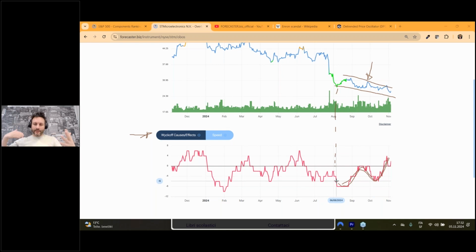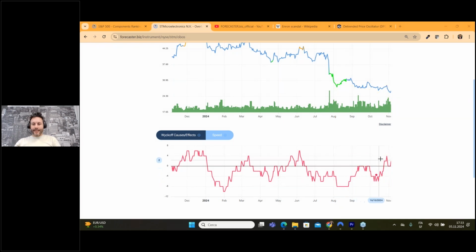So the number of buyers is more than the sellers. And this is something really interesting because, as you can see, we have a situation of divergence. We call it divergence. When stock prices go like this and the indicator goes like this, we have a divergence. Okay? And this is a very interesting indicator, guys, because it tells us that if the Wyckoff indicator is growing, it means that the number of buyers is increasing compared to sellers.